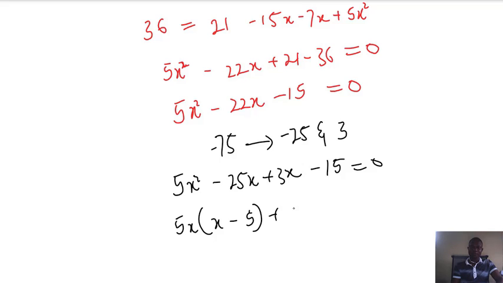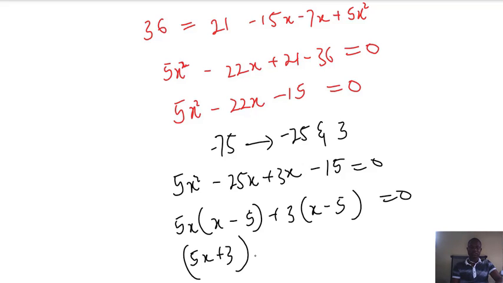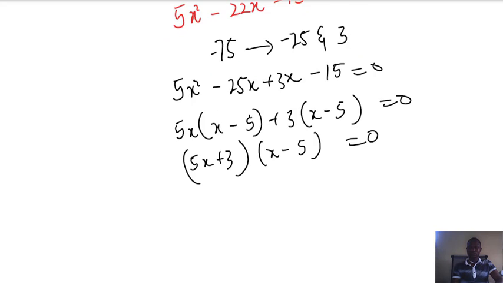Then also here we have a common factor of 3, then we have x minus 5 in a bracket equal to 0. So let's write (5x + 3) in a bracket and (x − 5) also in a bracket. Then we solve for x.